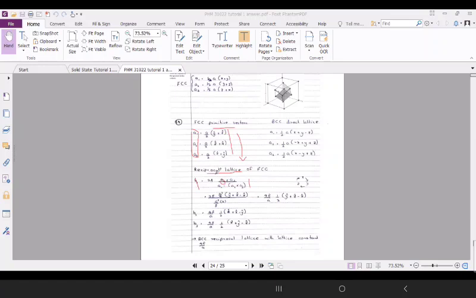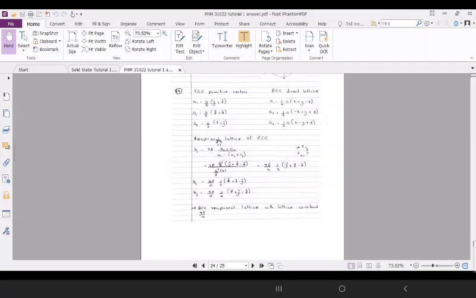To get the reciprocal lattice value, you have to substitute those A1, A2, A3 values in this equation. These reciprocal lattice vectors of FCC we can call B1, B2, B3. You can easily get the simplified answer in terms of 4 pi over a into half (y plus z minus x).